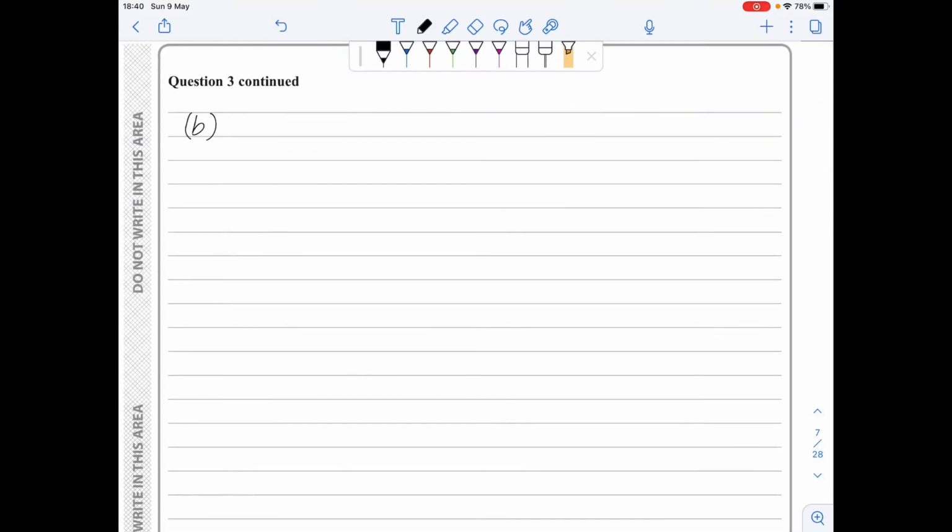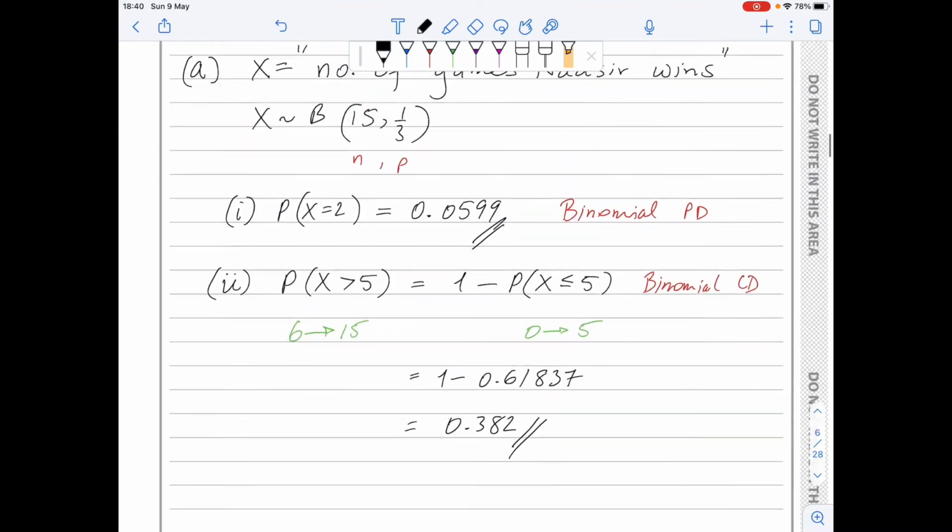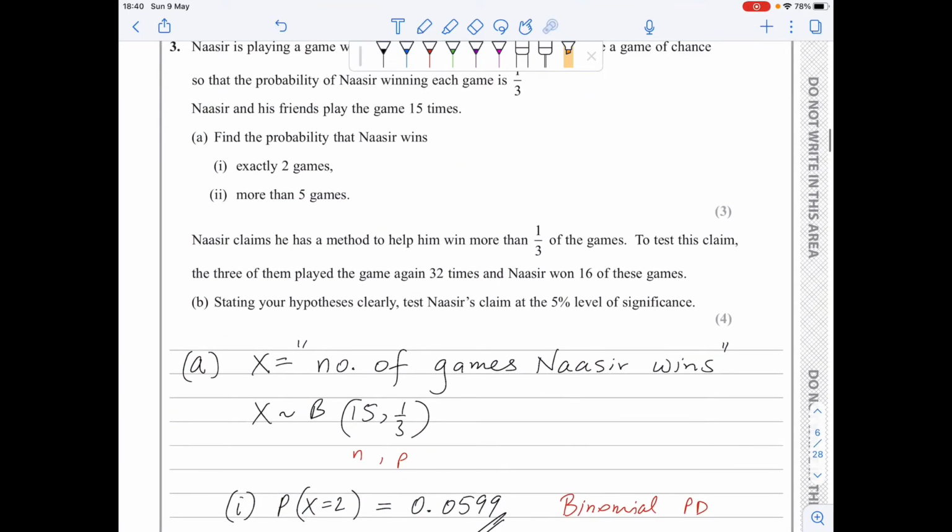In part B, I need to set up two hypotheses. The null hypothesis is always equal to something, in this case 1/3. The alternative one, well, for this one we have to look at the wording of the question. So there's a claim he will win more than 1/3.